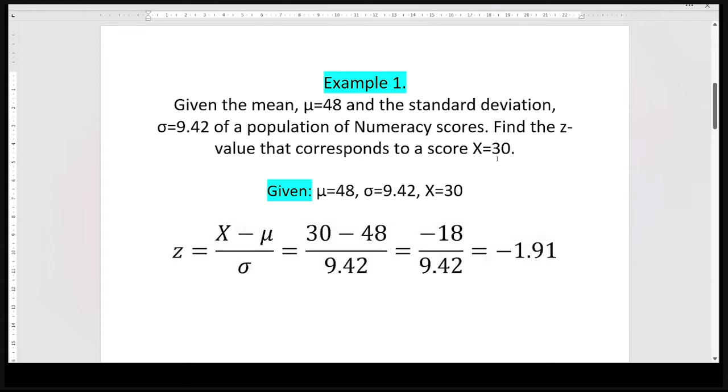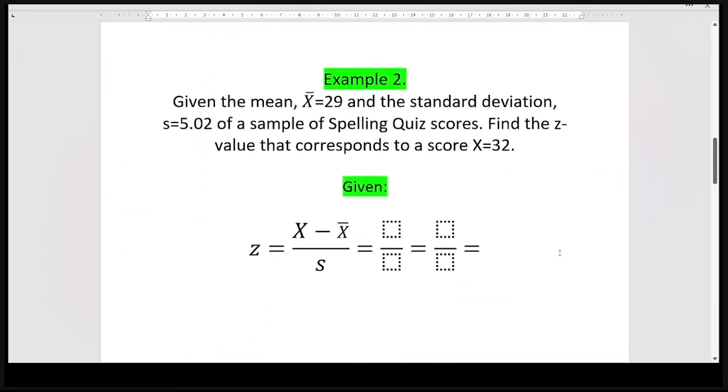As you can see, the raw score is 30 and the population mean is 48. Then we are expecting that our raw score is below our mean. If that is the case, we expect that our corresponding z-score is negative, and we got it right. It's negative 1.91.